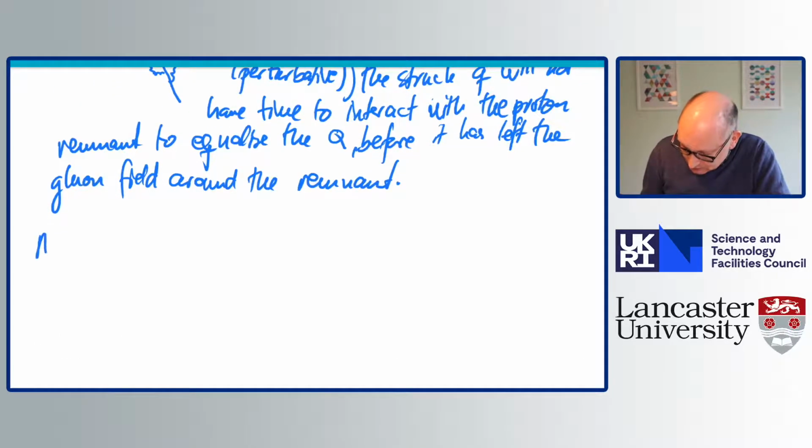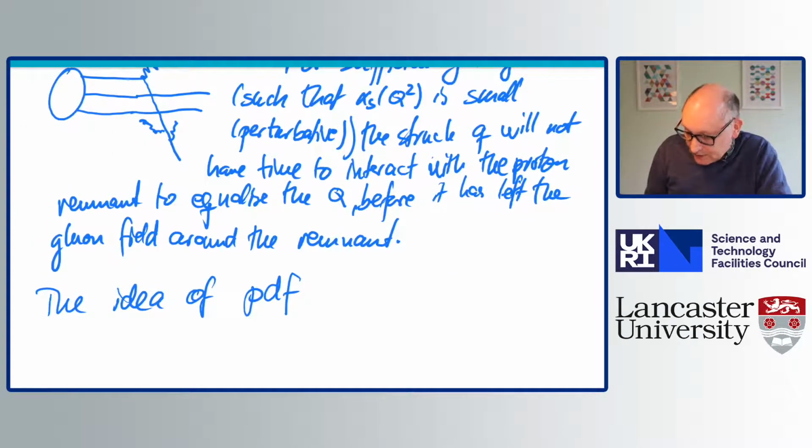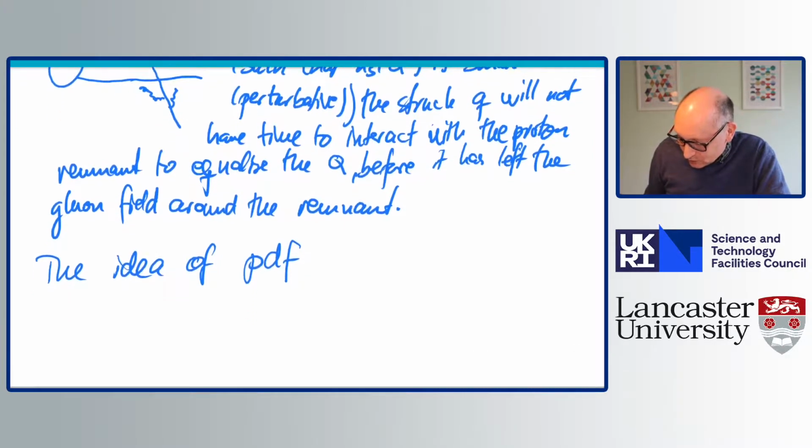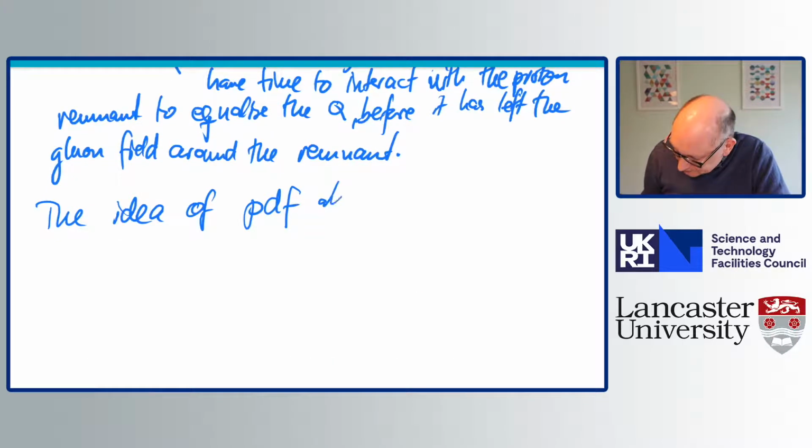So the idea of a PDF, which describes the probability of finding a quark, say, of a given momentum fraction of the proton within the proton, also works for PP interactions. So for example, PP to W.